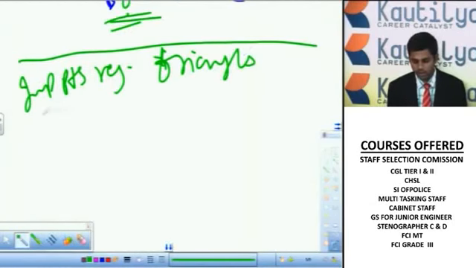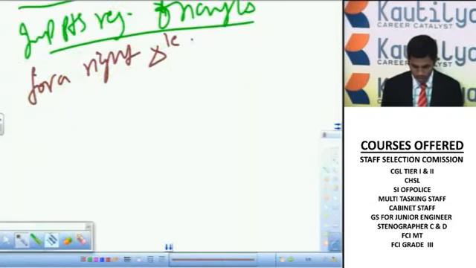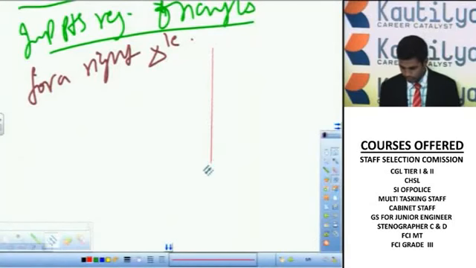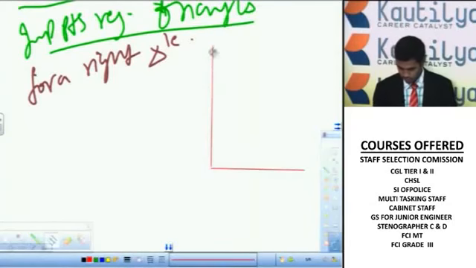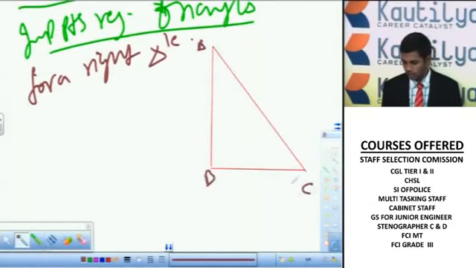For a right angle triangle, let us first see. A right triangle is represented like this with one line, and a second line. The vertices are A, B, C, and B contains the right angle.